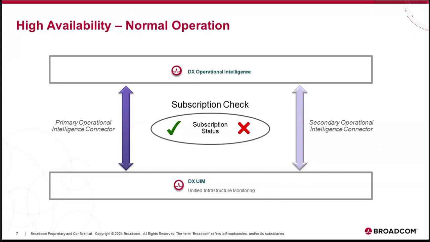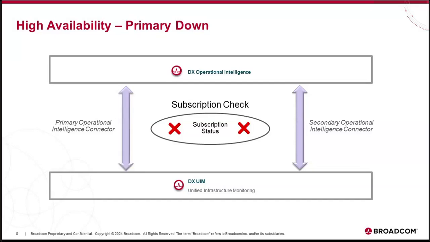Just a single connector sending data from UIM to OI. And you can see the subscription status there. This keeps getting polled, getting checked intermittently. As long as the primary operational intelligence connector is enabled and active, that's a normal operation that keeps happening.